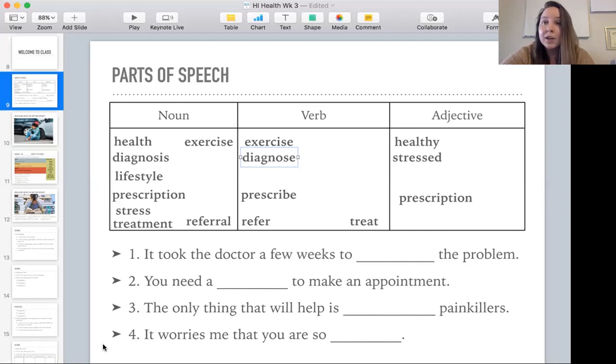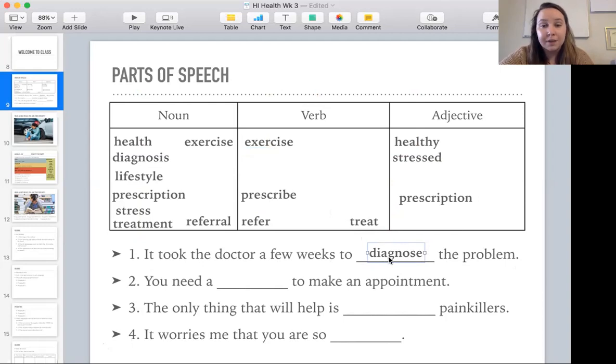So if we look at 1, 2, 3, and 4, number 1, it took the doctor a few weeks to diagnose the problem. We see to, so we know it's going to be a verb. So we look at our verbs.